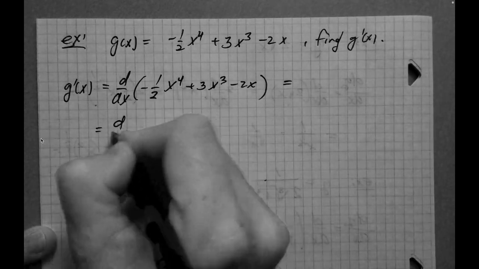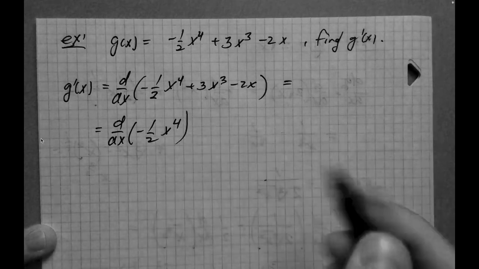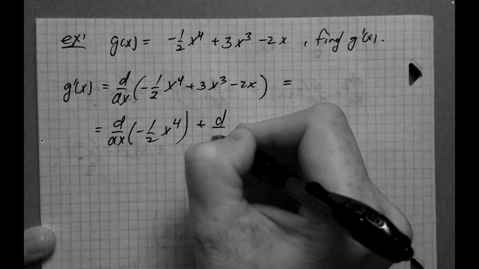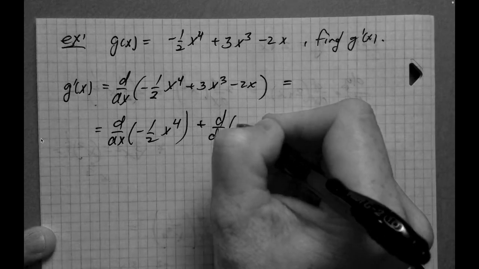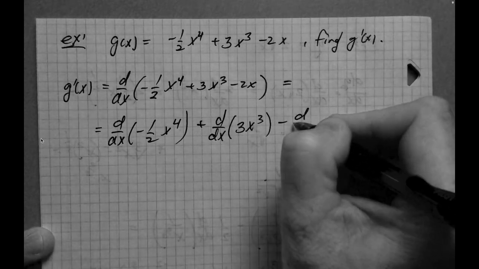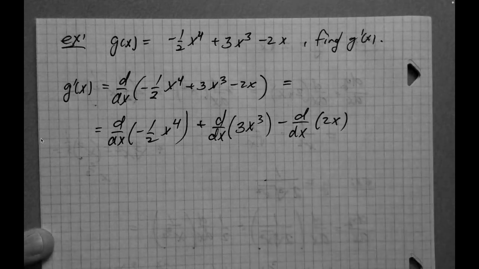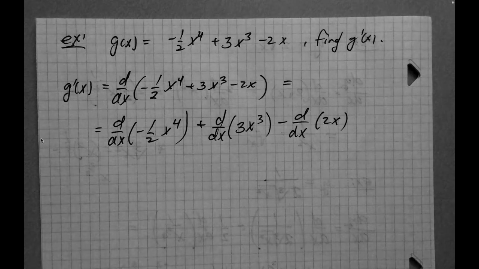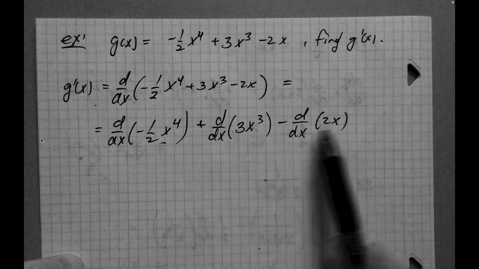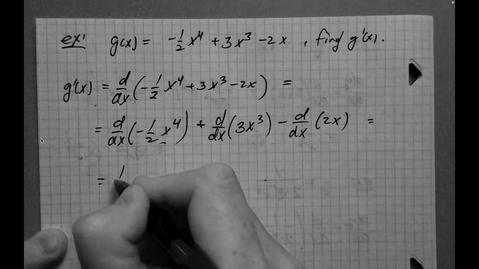So I get the derivative with respect to x of negative 1/2 x to the 4th plus the derivative with respect to x of 3x cubed minus the derivative with respect to x of 2x. Just like that, right? I can break it all apart. Now, it turns out each of these terms has a constant in front. So, again, I can pull those constants out.